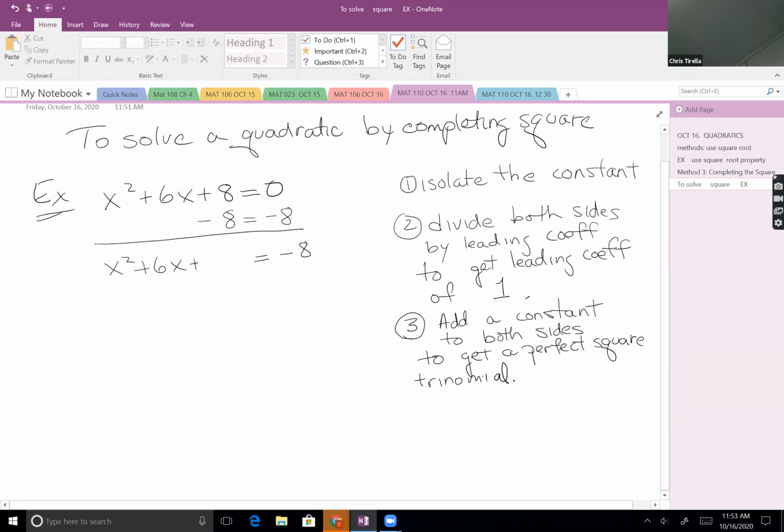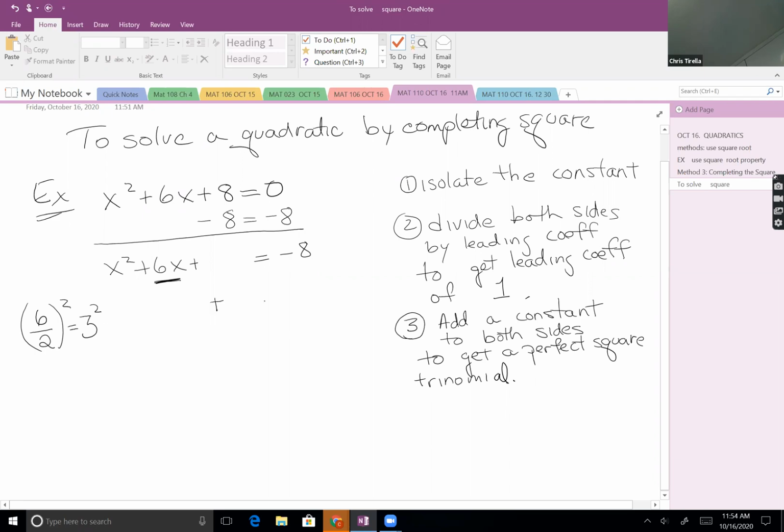And again, in order to do that, we said we take the coefficient on the plain old x, divide it by 2, and square it. So 6 divided by 2 is 3 squared, which is 9.